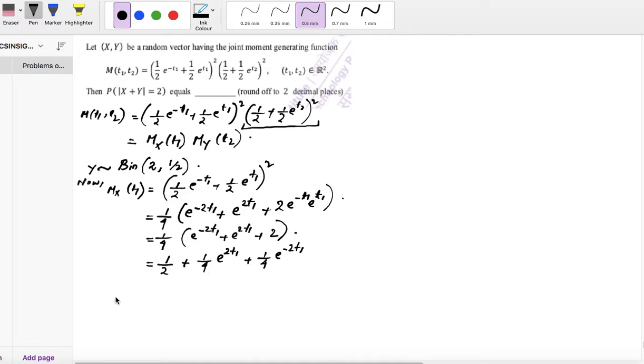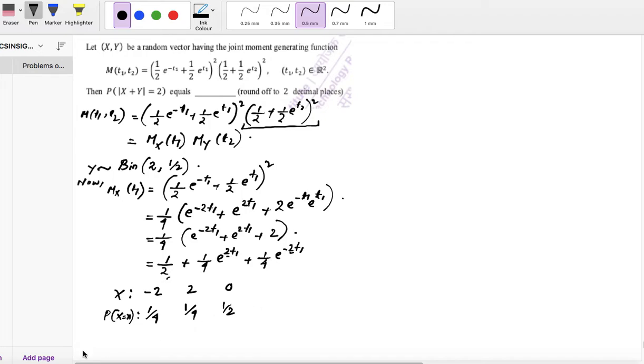As you can see, X has values minus 2, 2 and 0, and the corresponding probabilities are 1 by 4 for minus 2, 1 by 4 for 2, and here 1 by 2 for 0. So we have got the distributions of X and Y.